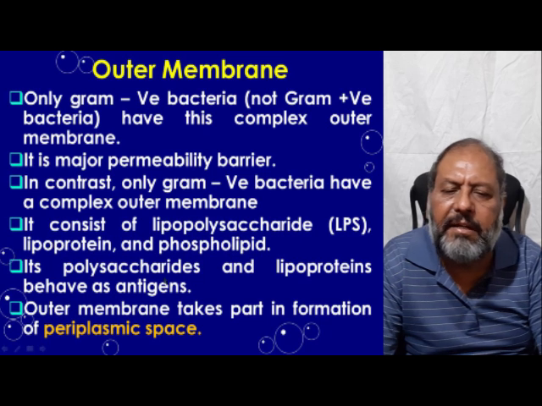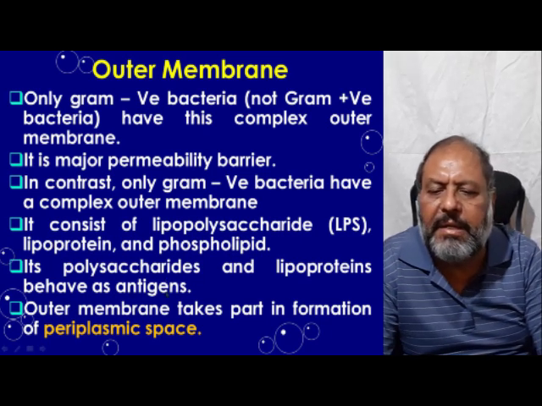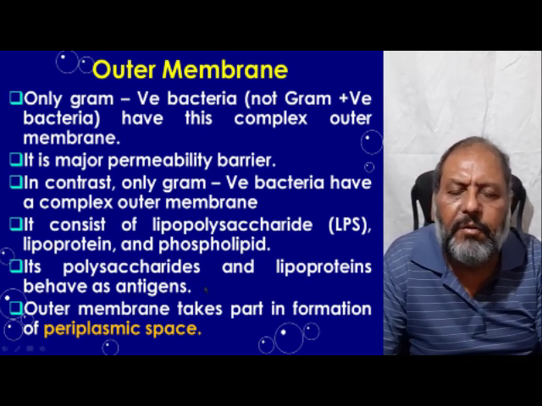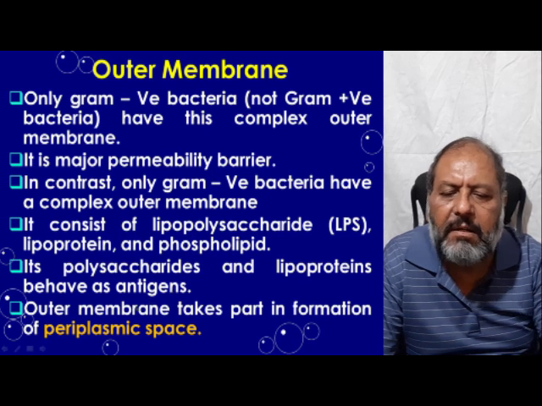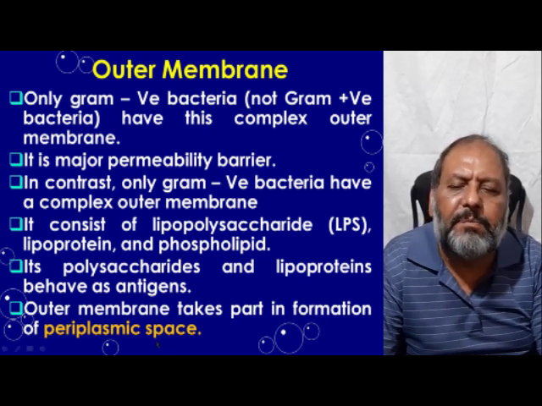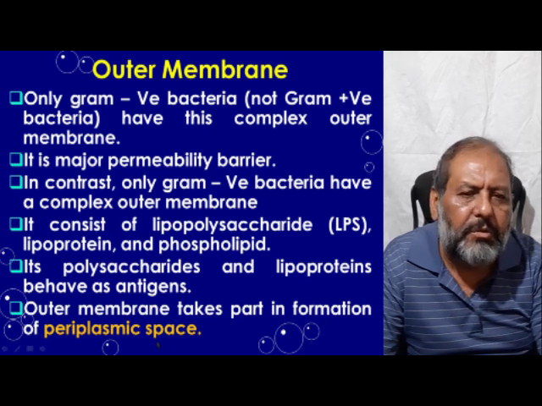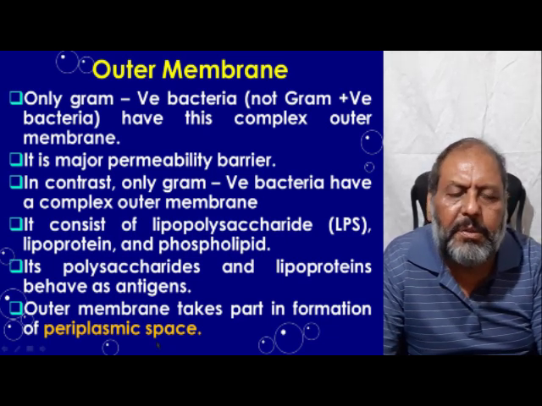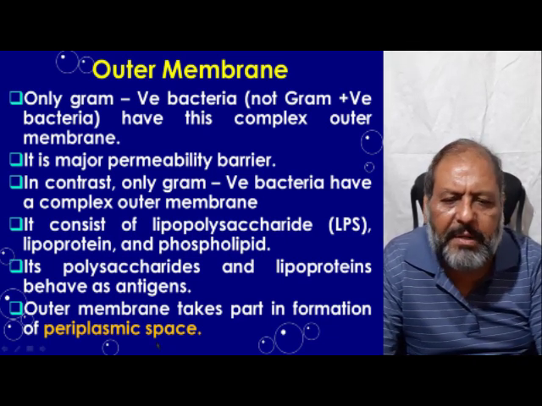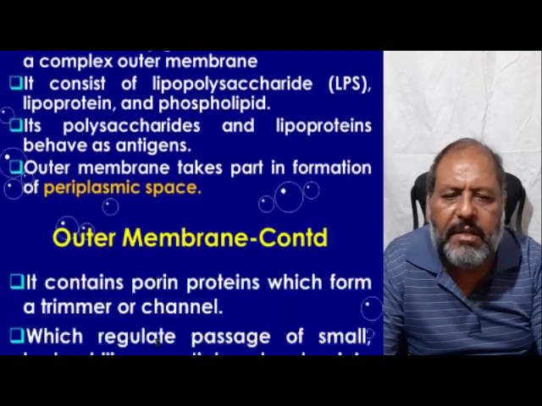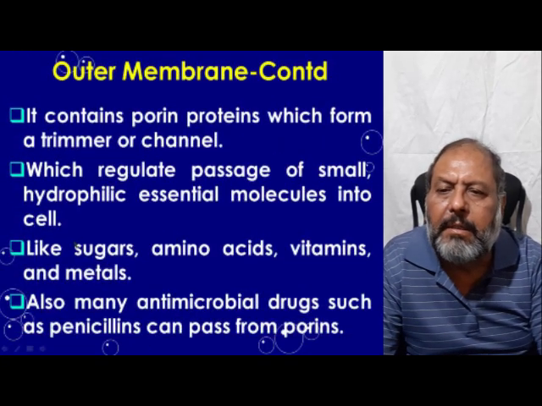Its polysaccharides and lipoproteins behave as antigens for the different gram-negative bacteria. The outer membrane takes part in the formation of the periplasmic space, as I have told you, that is the space between the cytoplasmic membrane and outer membrane in the gram-negative bacteria.